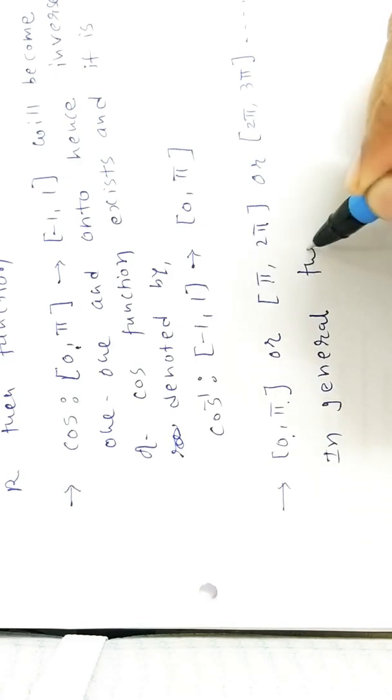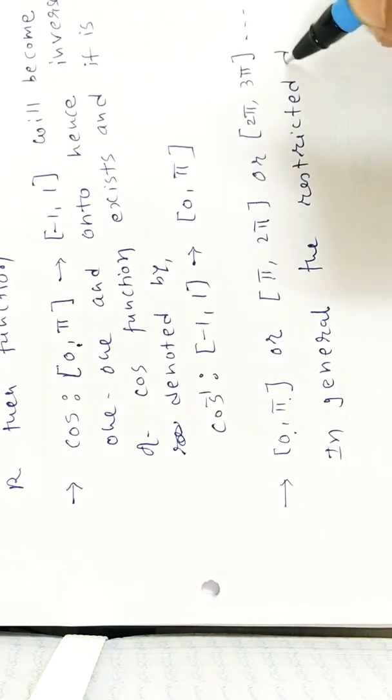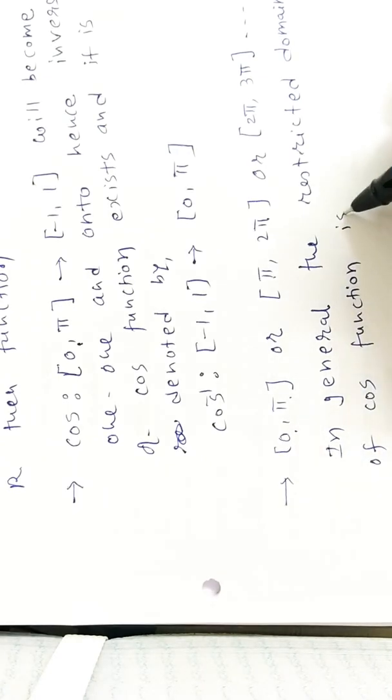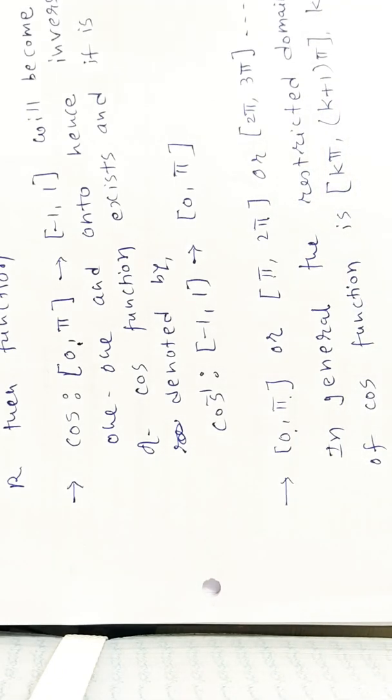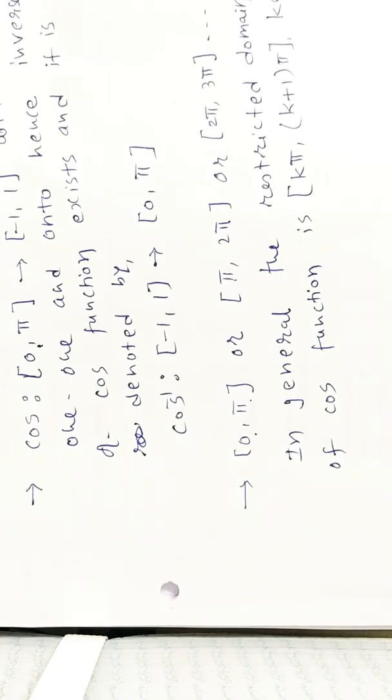In general, the restricted domain of the cos function is k pi to (k plus 1) pi, where k belongs to Z. So we can take 0 to pi, pi to 2 pi, 2 pi to 3 pi.